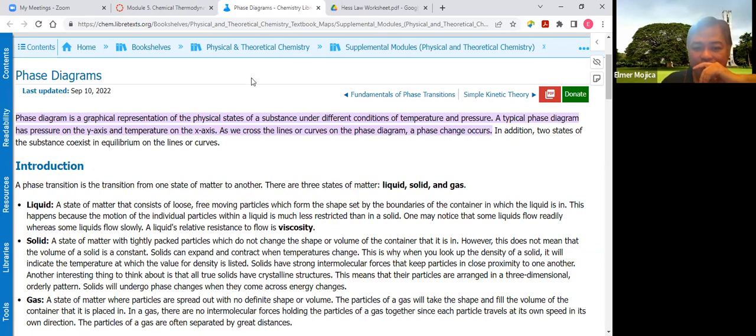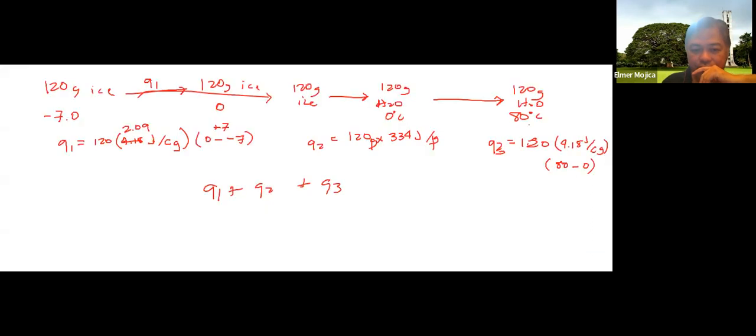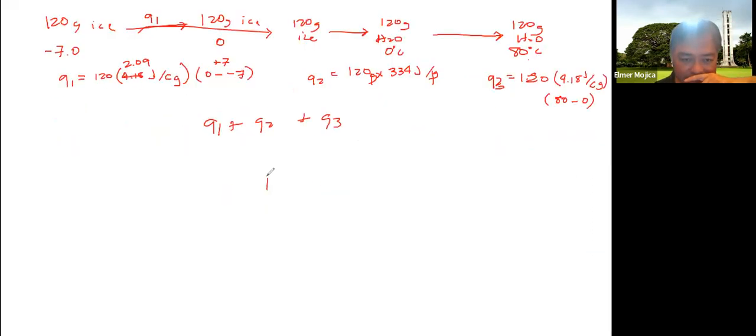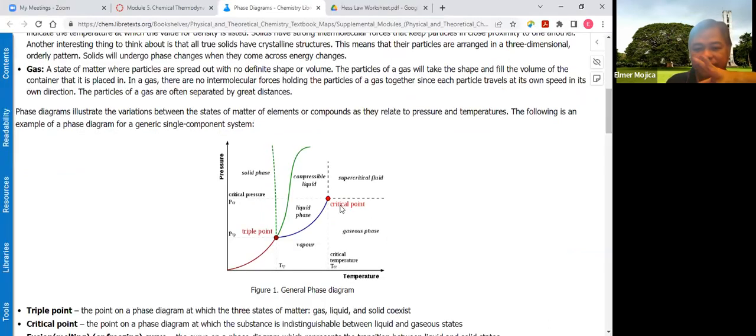So if we're going to draw it, it will be like this. And to give you a specific example, this is how a phase diagram looks like. So usually ito lang.